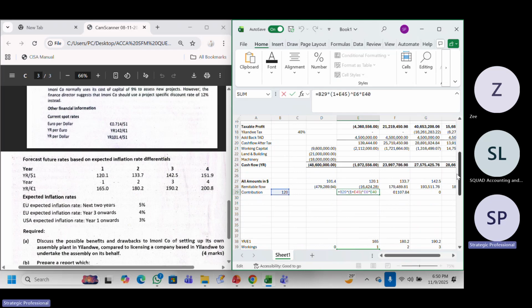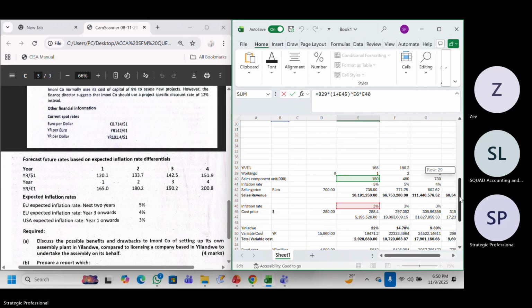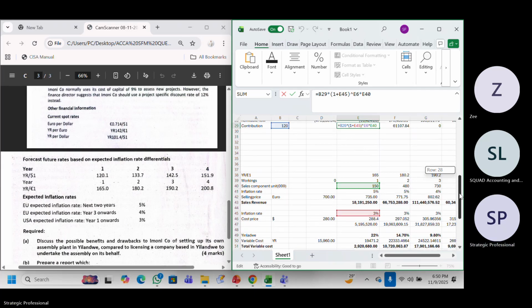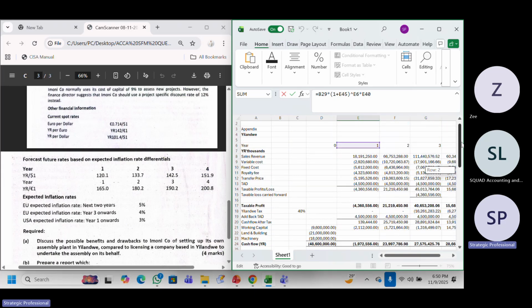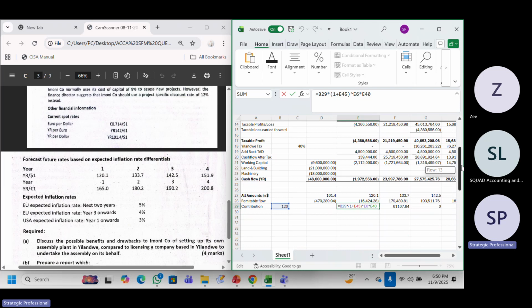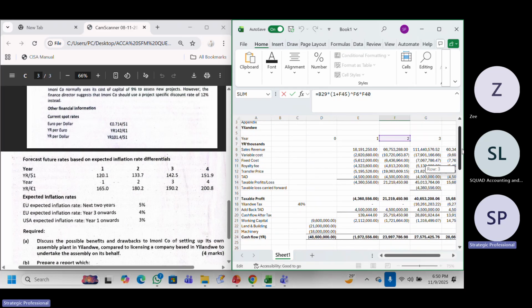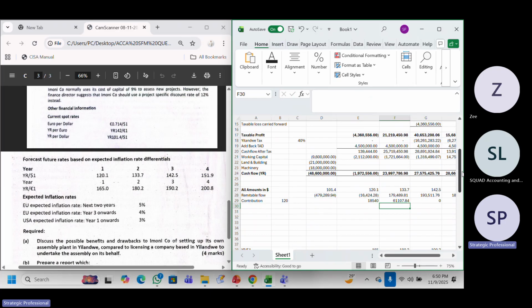So 120 times 3E45 and by the exchange rate base 1. So if it grows, it will grow again by this guy raised to power 2 times what? Times 2. So that's supposed to be the expectation, if I'm not mistaken.